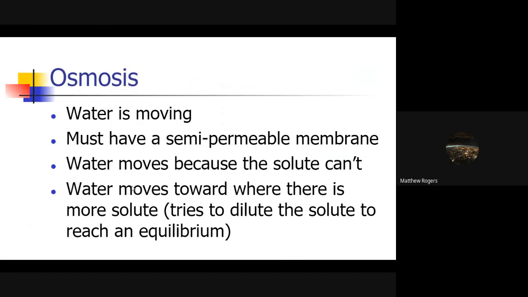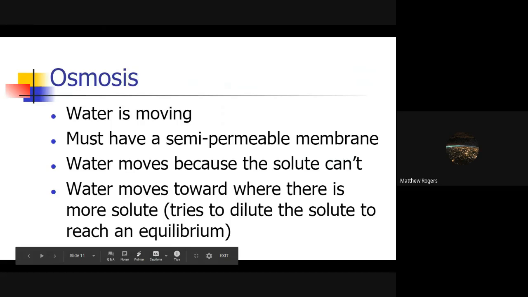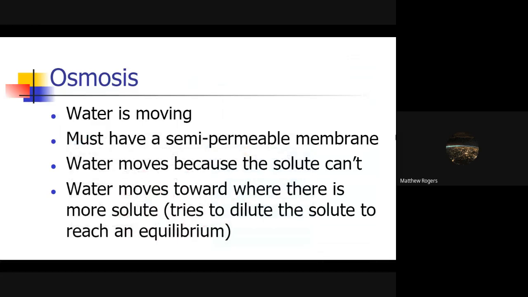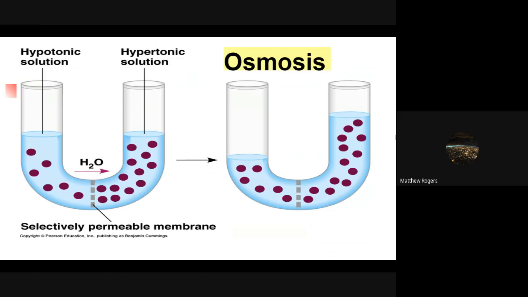And so almost always, water is going to move towards the side with the most solute. So it's always going to move in that direction. So in the picture here, this side has more solute, it has more positives, water moves towards it. Okay. And I'll give you a clever way of trying to remember that in a second here.